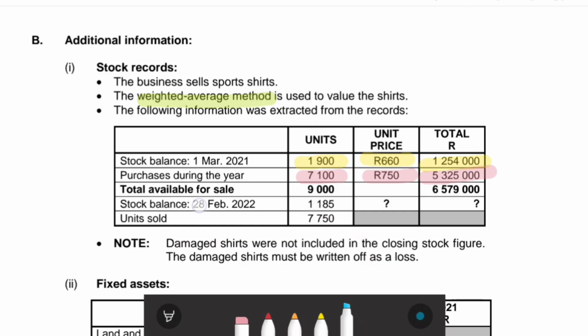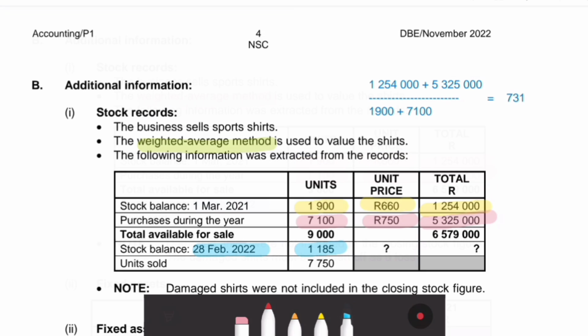So at the end of the current financial year, we are left with 1,185 units. We want to know what is the value of those shares. So what we do is we work out the average cost per share so that we can value this 1,185 shares. And the weighted average tells us that the price per share is 731.